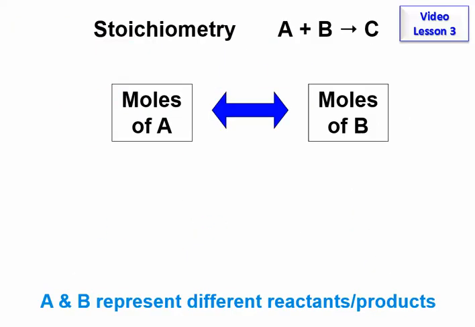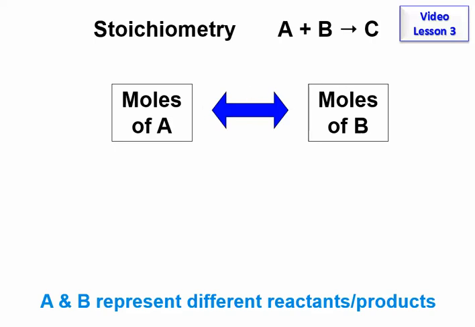Okay, so this gives us a new conversion factor. If we are looking at a reaction like this one, where we want to say the amounts involved in the reaction, the relationship between the moles of A used versus the moles of B used is given by the coefficients. And so this one is 1 to 1, but whatever those coefficients are.